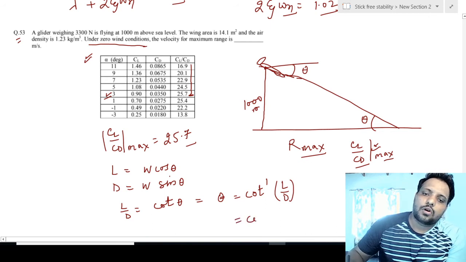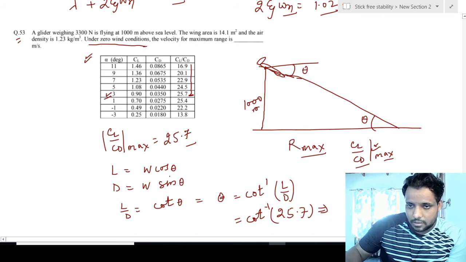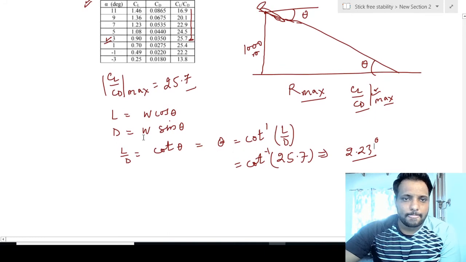Cot inverse of 25.7 gives me the value of 2.23 degrees for the angle here.